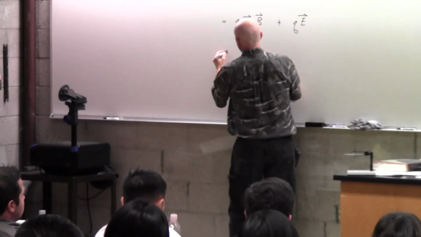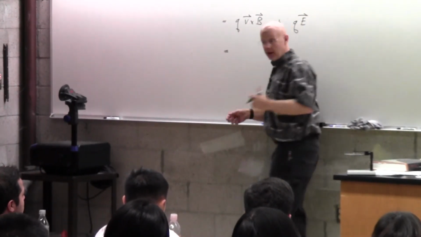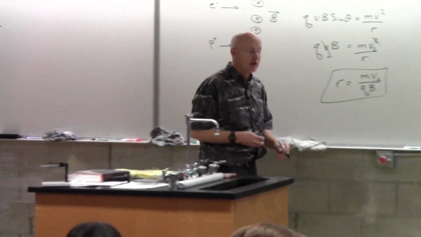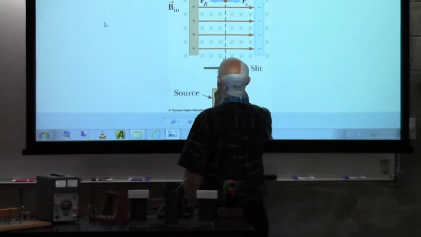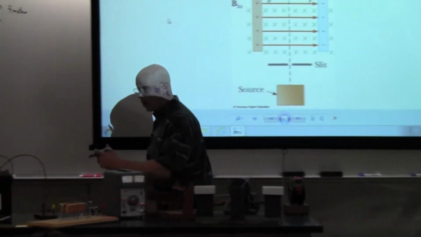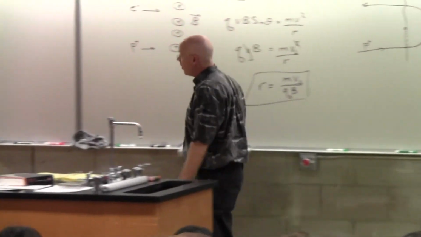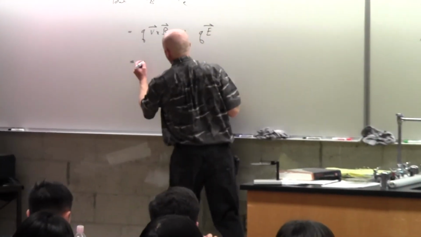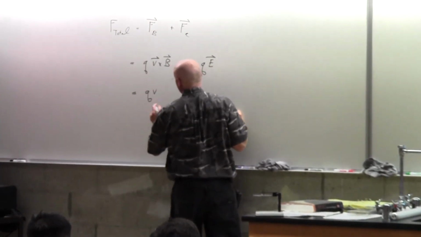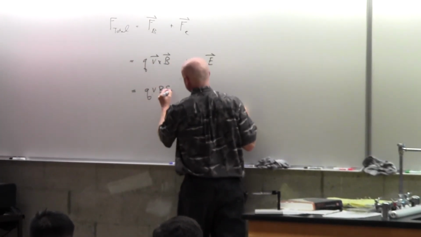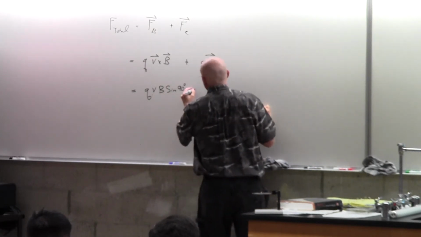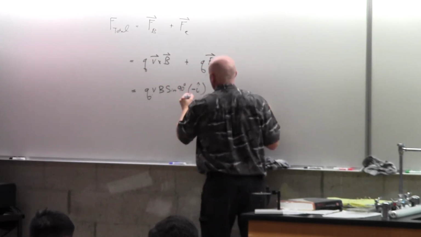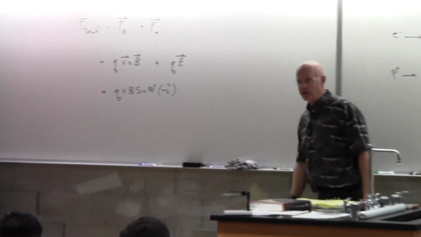This one is, as we pointed out in that picture, to the left. This one is designed so that the velocity and the magnetic field are 90 degrees. So when I go to calculate this, I go qvB sine of 90 degrees, and the force is in the negative i hat direction in that picture.